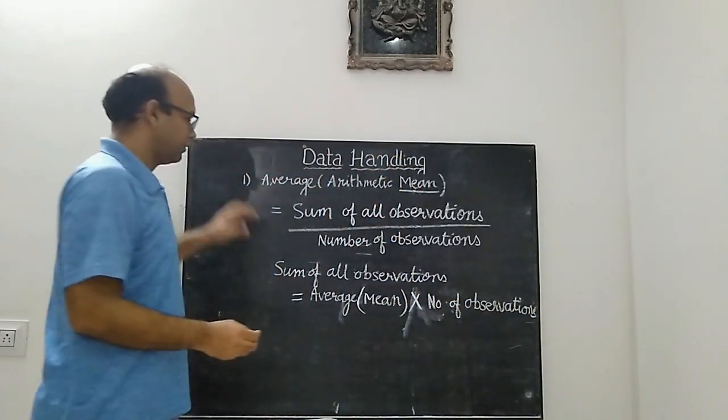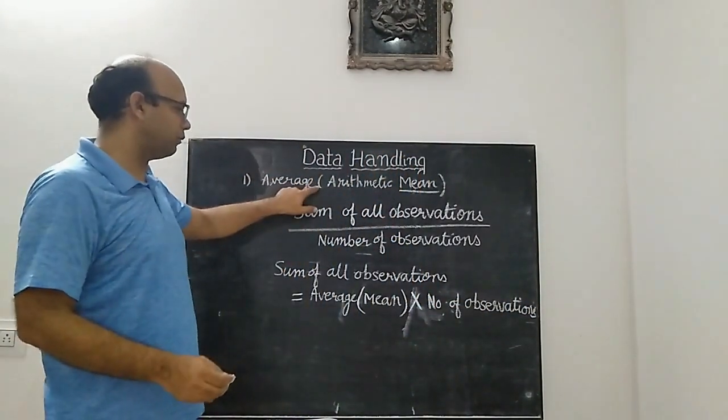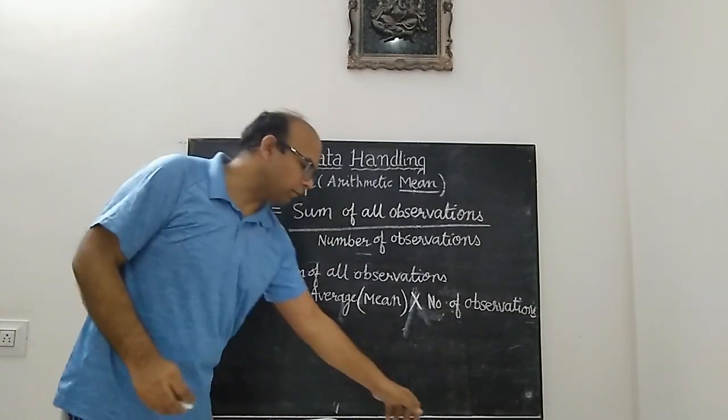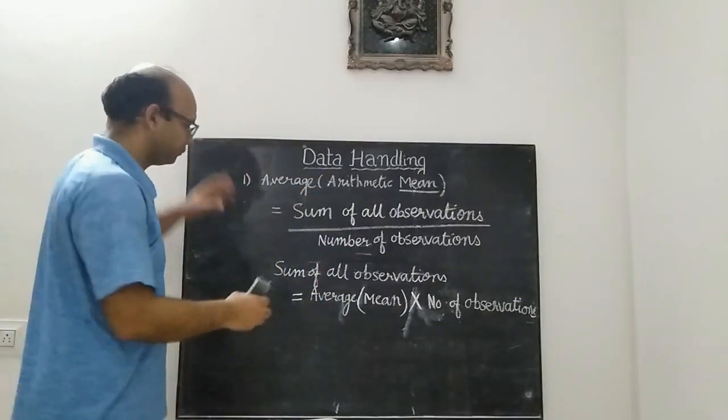So we have sum of all the observations will be equal to the mean multiplied by the number of observations.